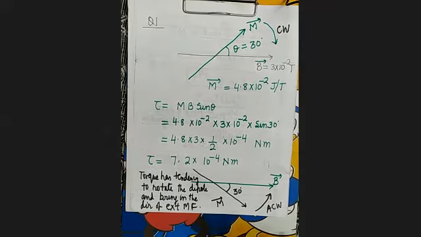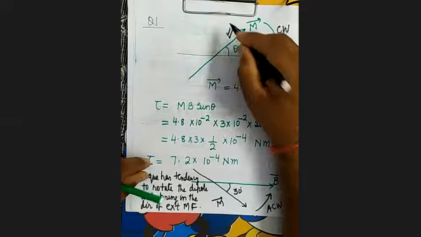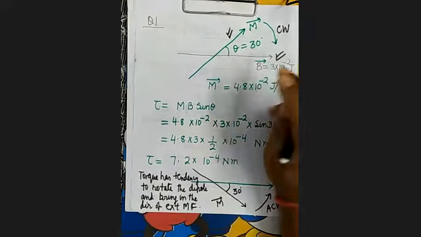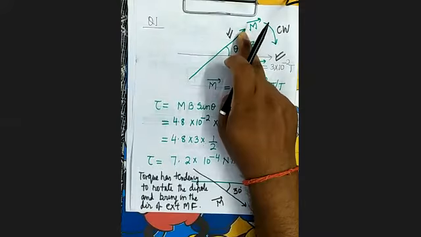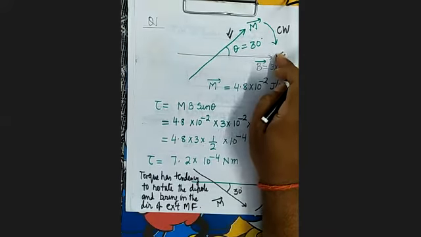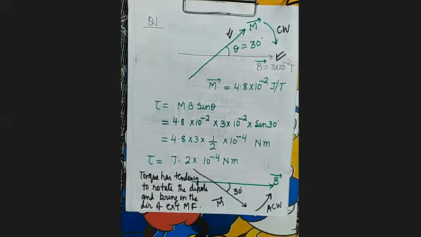Why do we say external magnetic field? Because the magnet also produces its own magnetic field. Because it is a magnetized dipole, it must be surrounded by its own magnetic field. But this magnetic field is not produced by this. That's why this magnetic field is called the external magnetic field.